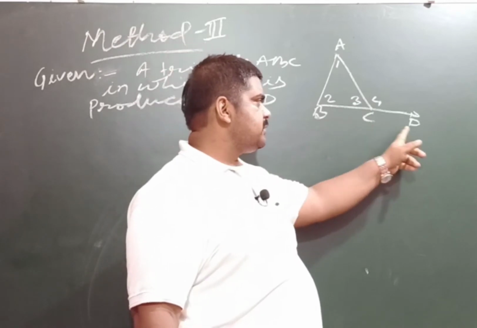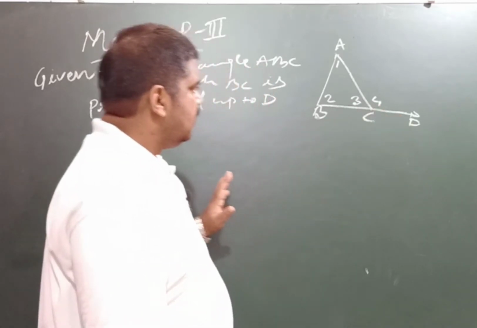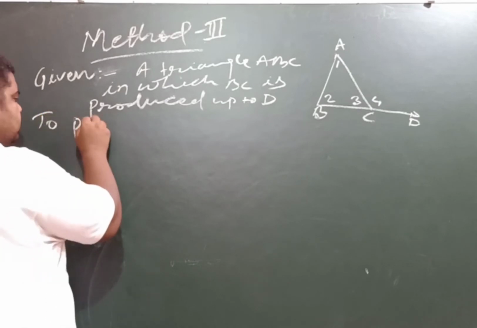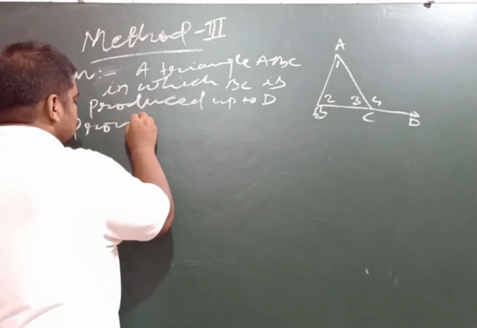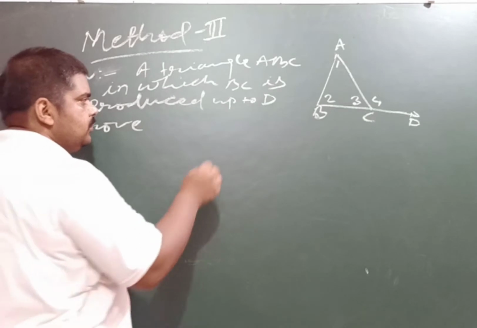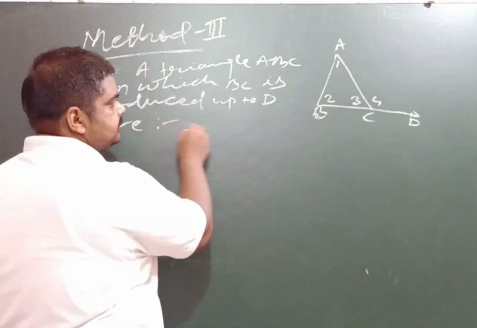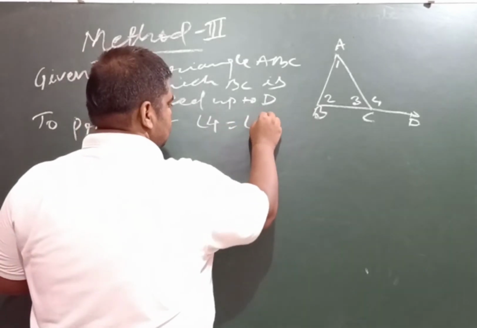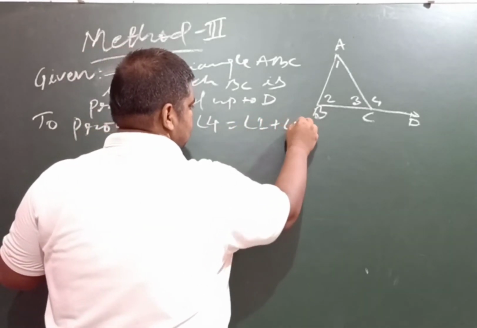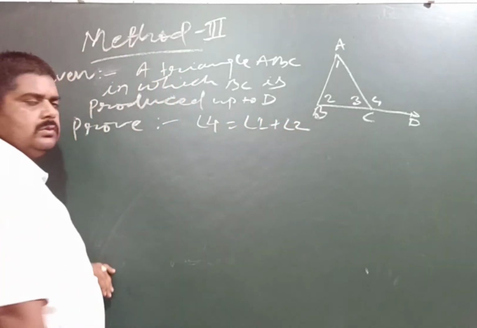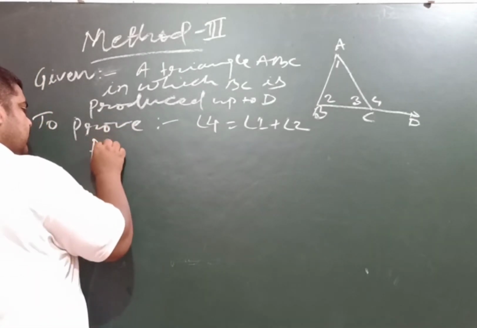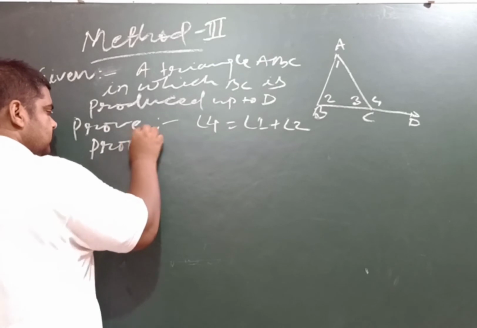BC is produced up to D. What you need to prove is that angle 4 is equal to angle 1 plus angle 2. Understood? And let's start the proof.